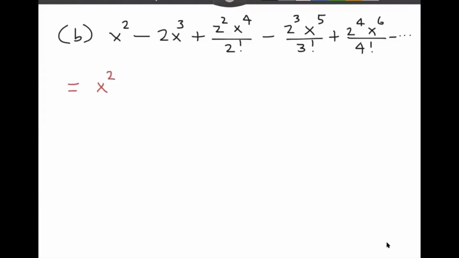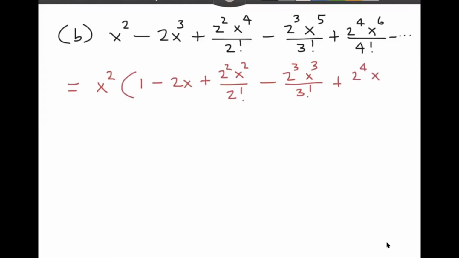Because then inside I'll have a series that starts with a constant term, which is the type of series that we're more used to seeing in table 10.1. So that'll give me x squared times 1 minus 2x plus 2 squared x squared over 2 factorial minus 2 to the 3rd x to the 3rd plus 2 to the 4th x to the 4th.